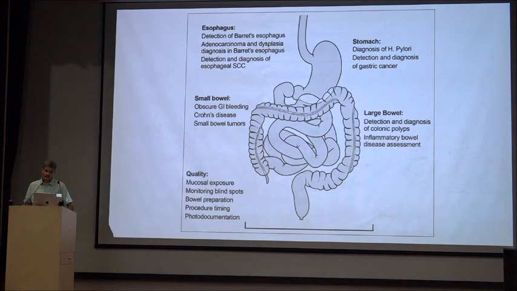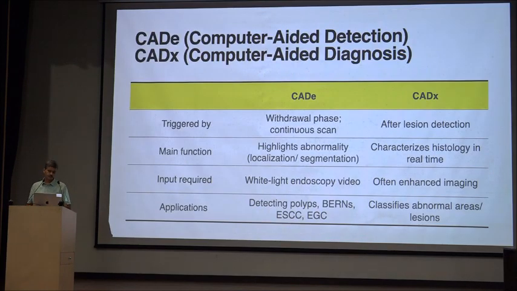Most developed in the large bowel, and we'll begin with this: the detection and diagnosis of colonic polyps, inflammatory bowel disease activity assessment, and very important for our hospital, quality. The mucosal exposure in the upper GI tract, in the lower GI tract monitoring bowel blind spots, bowel preparation and colonoscopy procedure timing, photo documentation, and we shall cover some of these as we go ahead.